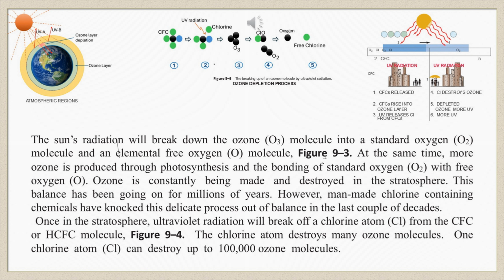Once in the stratosphere, ultraviolet radiation will break off a chlorine atom, Cl, from the CFC or HCFC molecule, figure 9-4. The chlorine atom destroys many ozone molecules. One chlorine atom, Cl, can destroy up to 100,000 ozone molecules.